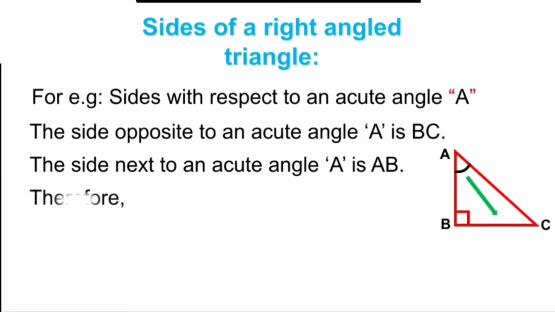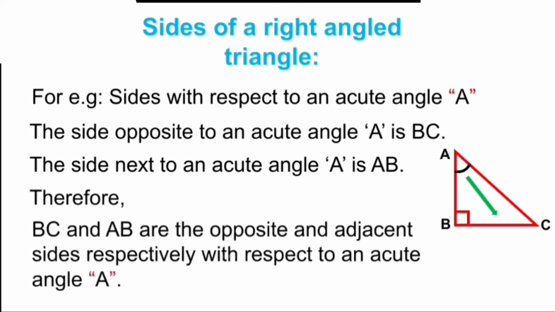Therefore, the sides BC and AB are the opposite and adjacent sides respectively with respect to an acute angle A. It means we name the sides of a right angle triangle by considering any one of the acute angles.